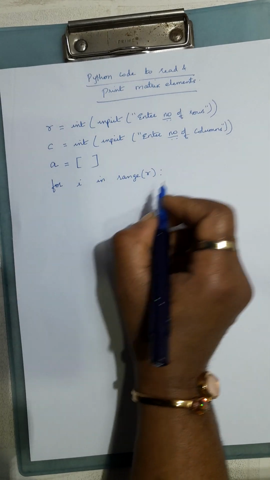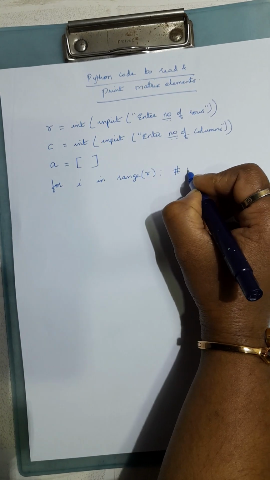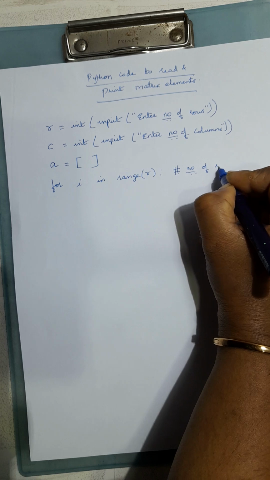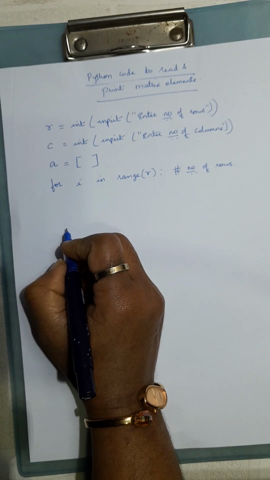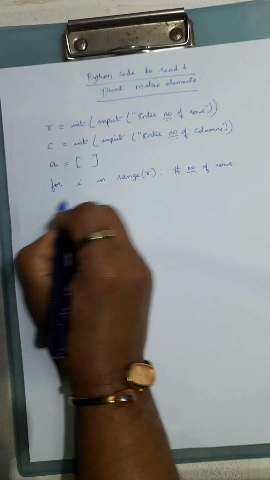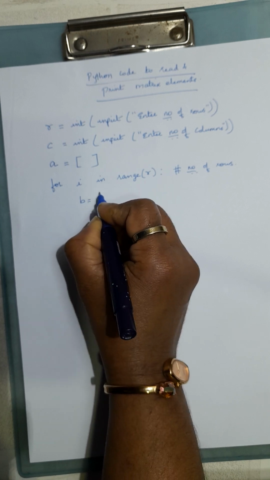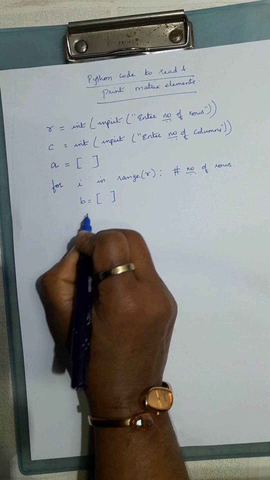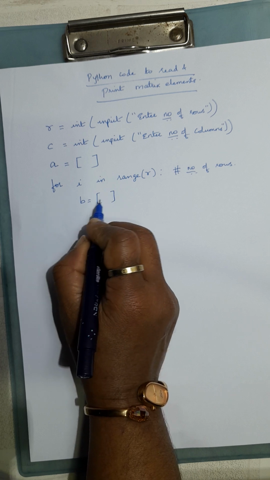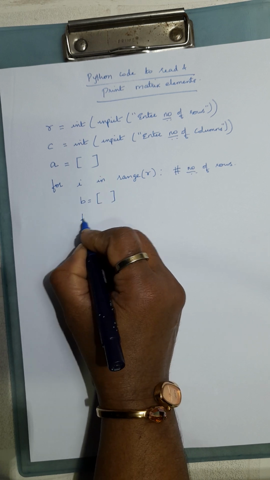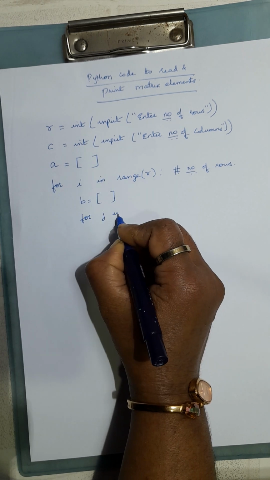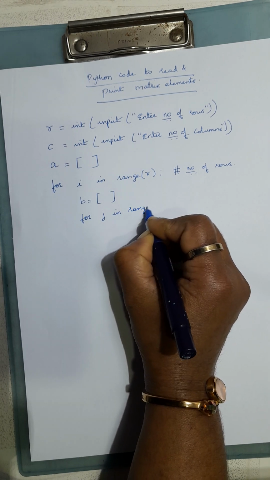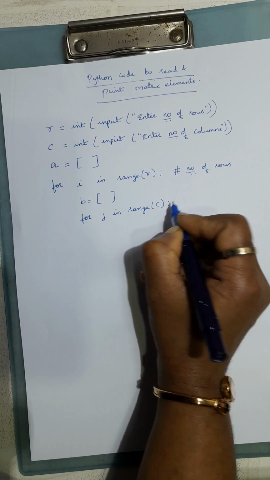So the first for loop will point to the number of rows. It accesses the rows. Within that we are declaring one more list B which is empty. I'll tell you why this is required.